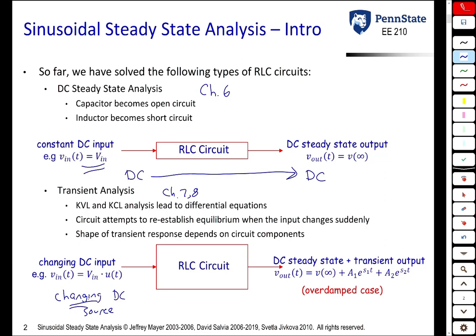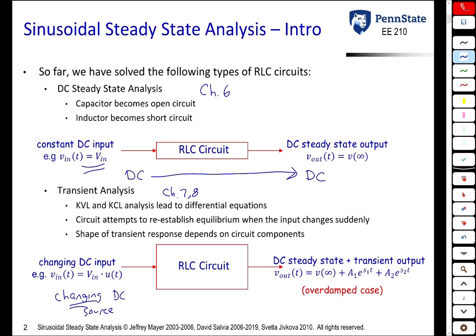By change, we mean perhaps that we're turning the source on at time 0, or maybe we're turning the source off at 0, or at time 0 we're changing the source from 1 volt to 2 volts, or maybe we're adding a resistor that's going to change the circuit. But the bottom line is at some time t0, usually 0, we're making a fundamental change in the circuit, and basically what's going to happen is the circuit wants to reattain DC steady state. It starts from one DC steady state value and wants to adjust to another DC steady state value.